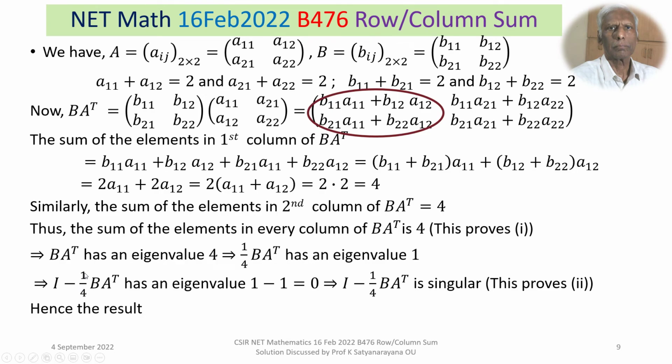I minus 1/4 of BA transpose has an eigenvalue of 1 minus 1, which is equal to 0. 0 is an eigenvalue, which means it is a singular matrix. I minus 1/4 BA transpose is singular. Thus this proves the second conclusion. And in a similar manner, for the general case of any n, we can prove it, and that we will prove in another video in due course.